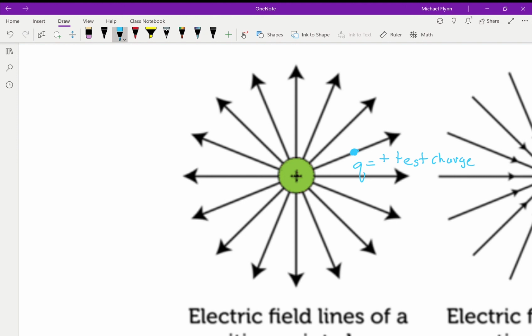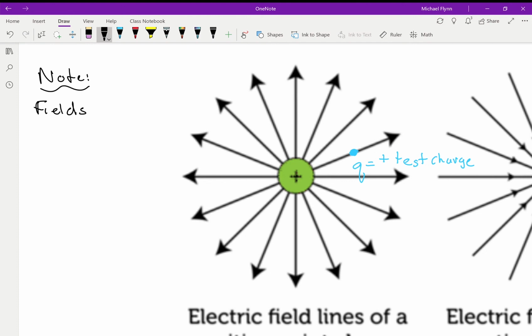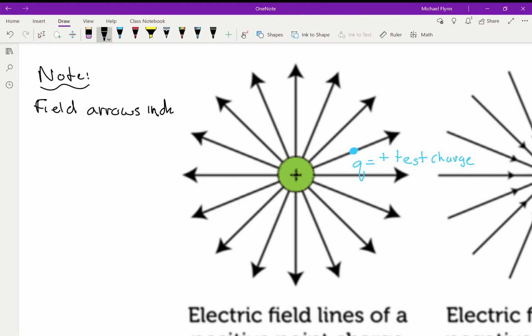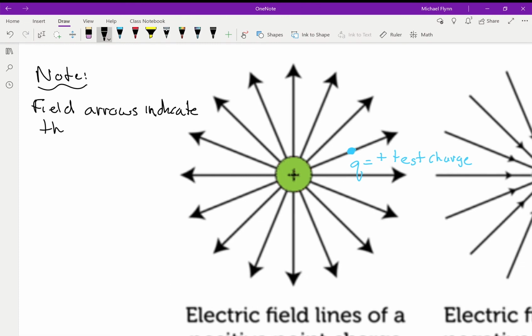So the convention, and I'm just going to put this in the margin here, I'm going to say note: by convention, fields or field arrows, these arrows indicate the direction of force on a positive test charge.